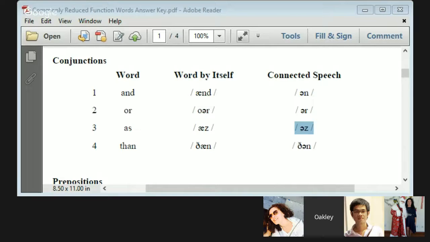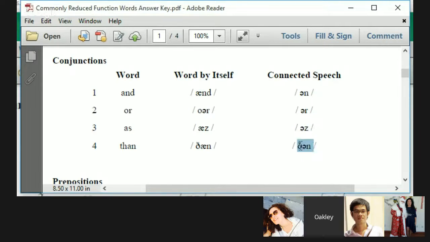Next conjunction here. And this is by no means a totally comprehensive list, might I add. There are definitely others. Rebecca, "than," dictionary pronunciation, again with the long A sound. "Than." All right, reduced: "thun."